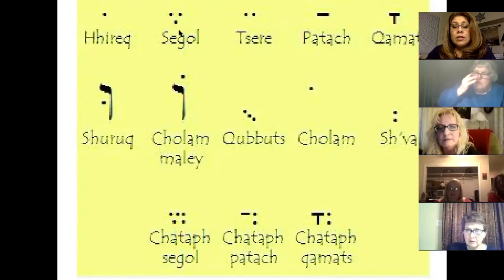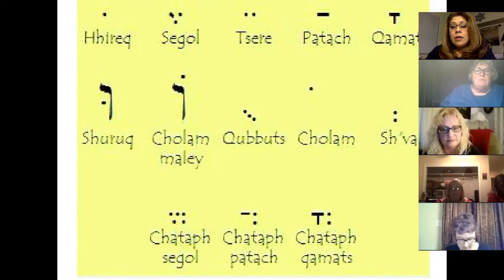Let's just look at the segol because this is the easy one. It's three dots. The Torah, the prophets, and the law. It's just a little secret there.